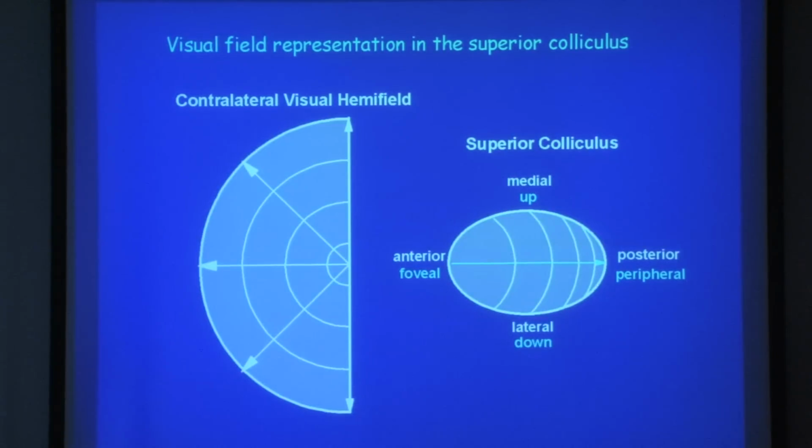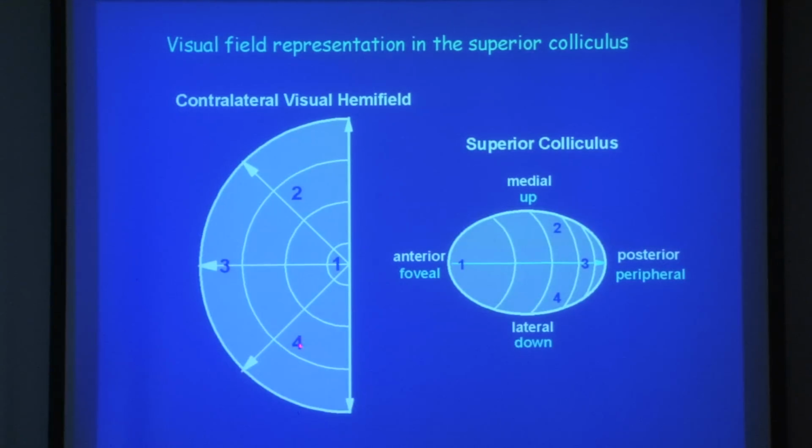And then if you look at the nature of the connections, you find that everything that's close to the fovea, okay, foveal representation, projects to the anterior level of the superior colliculus. So this is sort of the foveal region. Then the upper visual field projects to the medial portion of the colliculus. The horizontal meridian area projects to the horizontal meridian of the colliculus in the back.